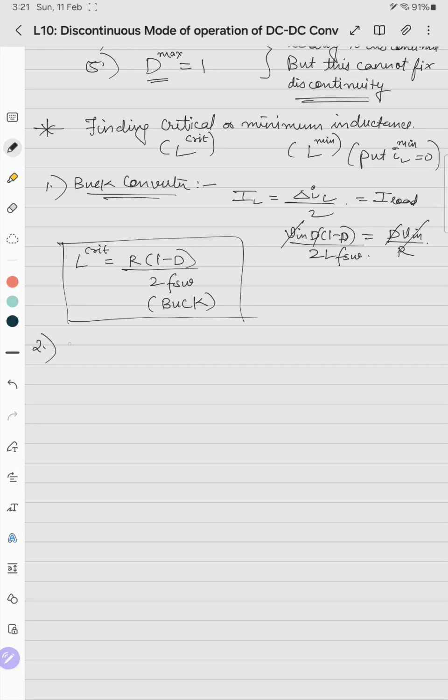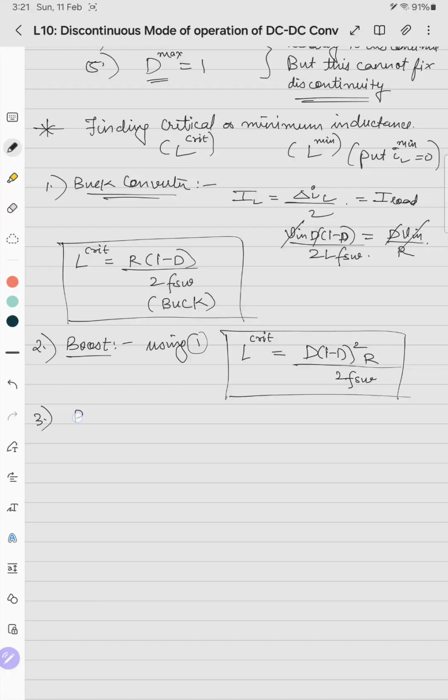So for a boost, using equation number 1, I'm directly writing because we have already derived. L critical was D into (1 minus D) whole square into R divided by 2 F switching.